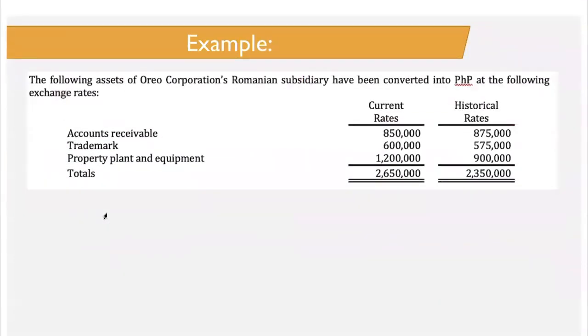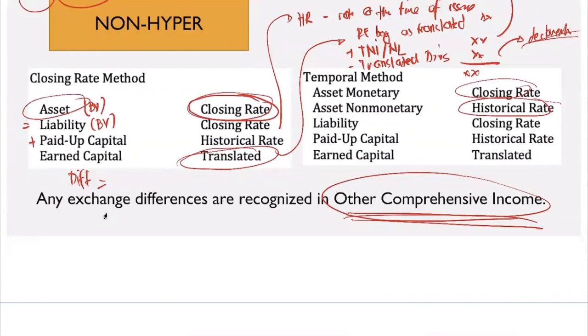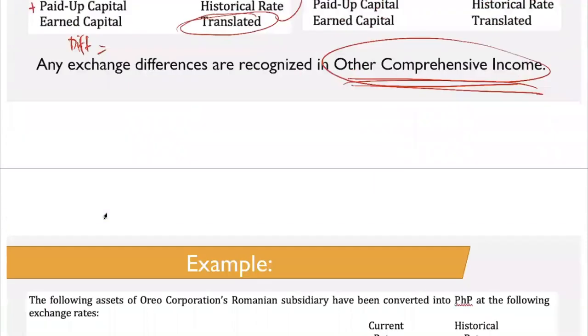So for example, here we examine between temporal and closing rate method. So again, what's the difference? In your closing rate method, everything is a closing rate for asset, while for temporal, money is closing rate, non-money is historical rate.